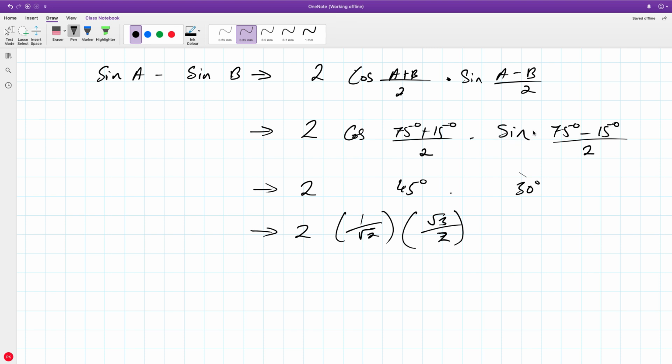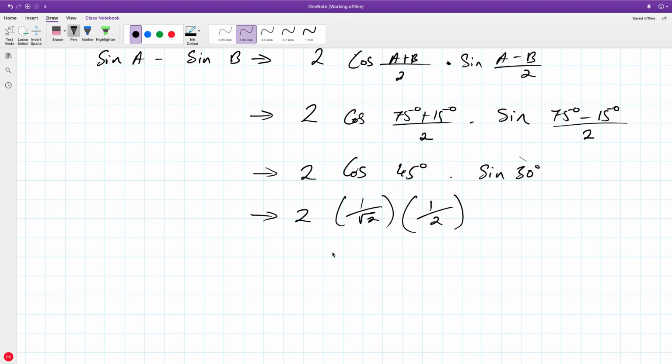Cos, sine, cos, sine. Cos of 45 degrees, so then is 1 over root 2. And then the sine of 30 degrees is a half, is it? So that is 2 over 2 root 2. Is that what you said? 2 over 2 root 2.